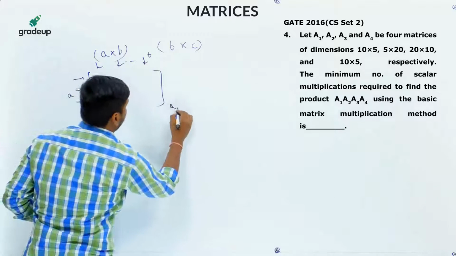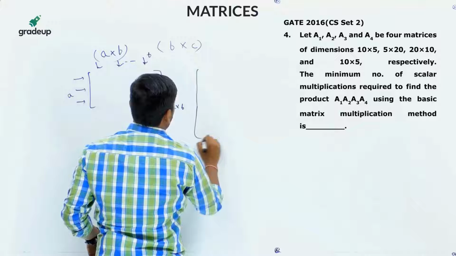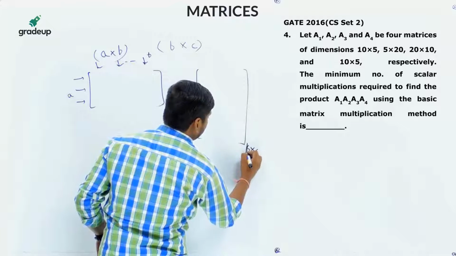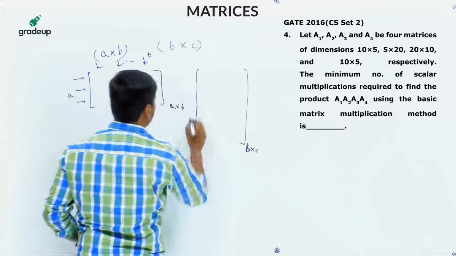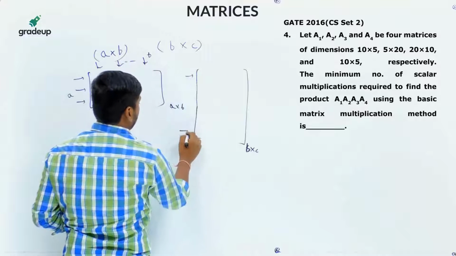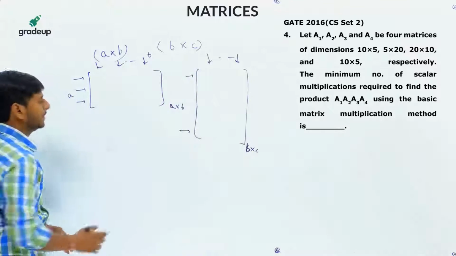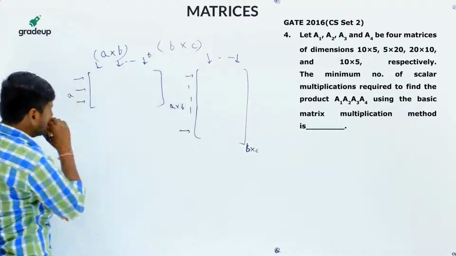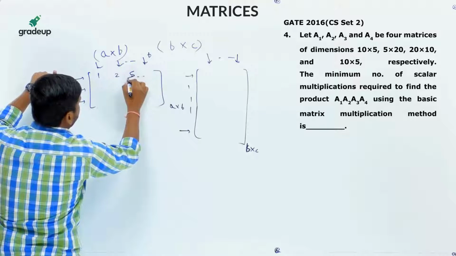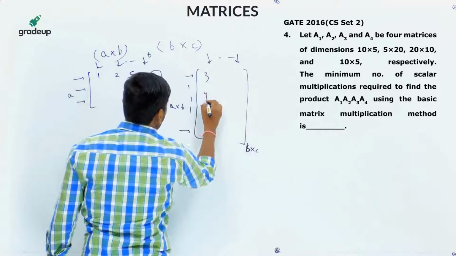This is the A into B matrix, and this is the B into C matrix, where the number of rows is B and the number of columns is C. Suppose I write 1, 2, 5, 6 and here it is 3, 4, 7, 8.